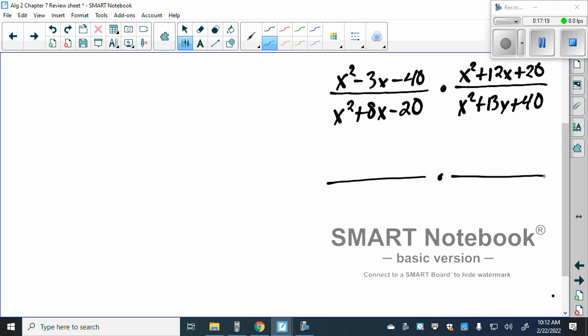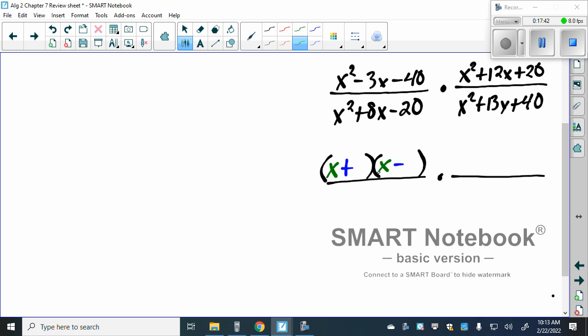Well, now we need to factor. And at this point, none of them look really nice, so we just need to pick one and go with it. I'm just going to factor the first one, the x squared minus 3x minus 40. Well, since the 40 is negative, the signs are opposite. Factors of x squared are x and x.